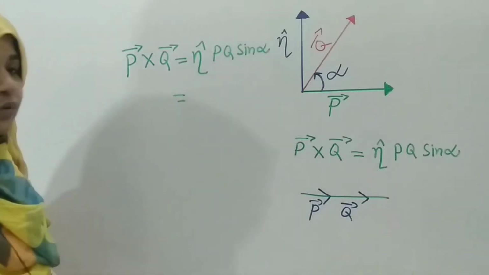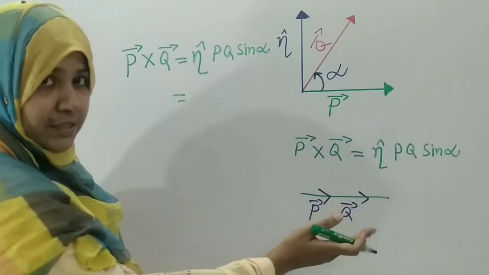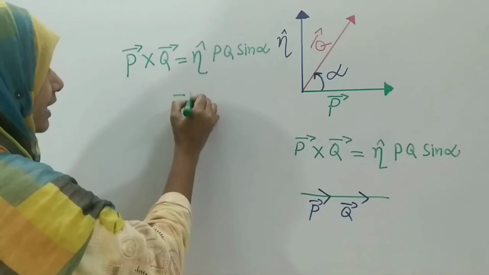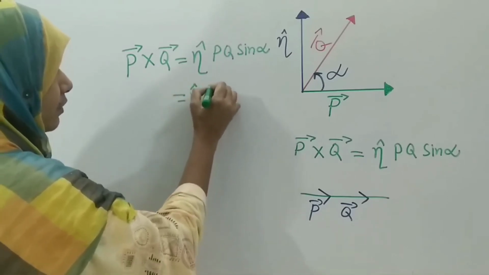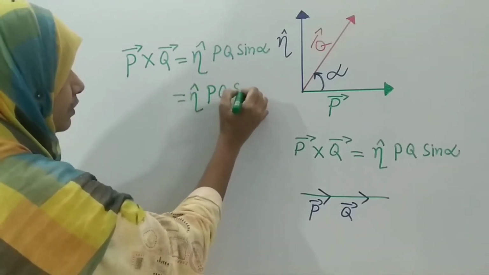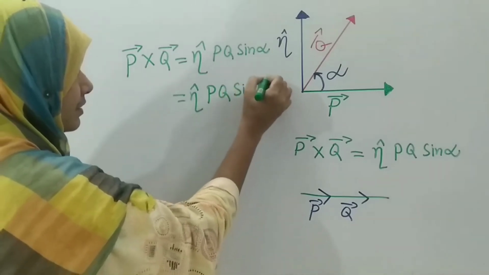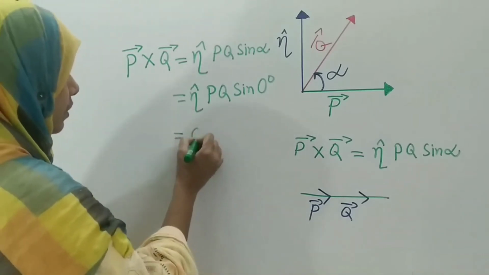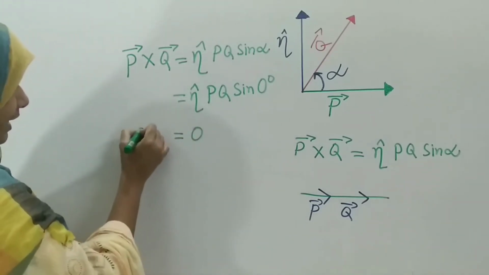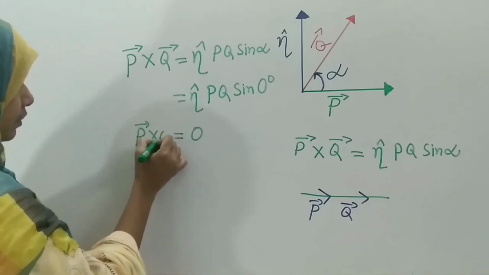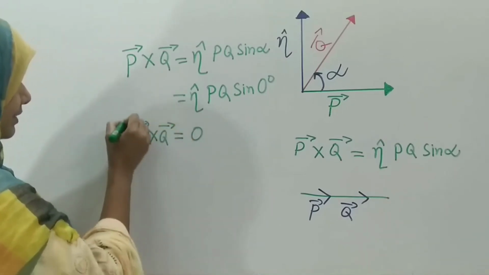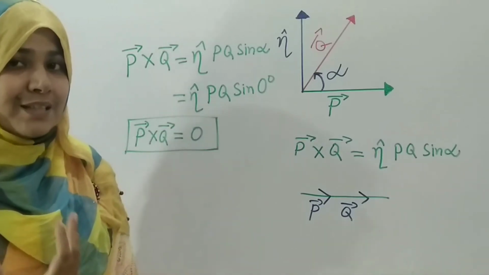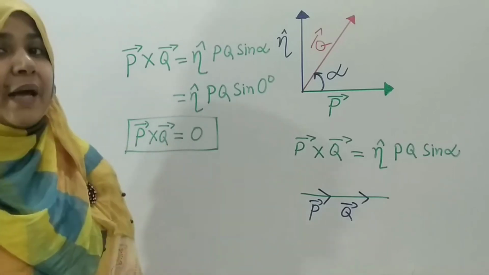As these two vectors are in the same direction, the angle between P and Q is 0. So instead of sin alpha we can write eta PQ sin 0 degree, and you know that the value of sin 0 degree is 0. So from that we can write P cross Q is equal to 0. If the cross product of two vectors is 0, it indicates that these two vectors are parallel to each other.